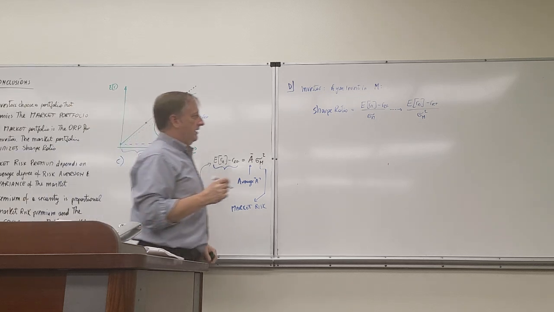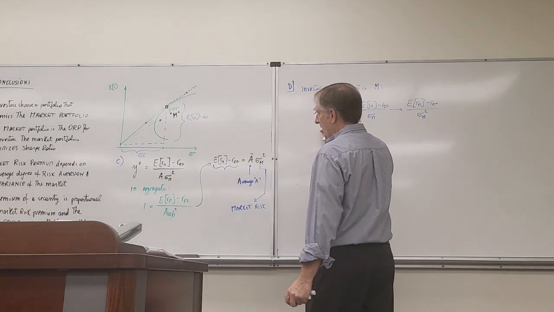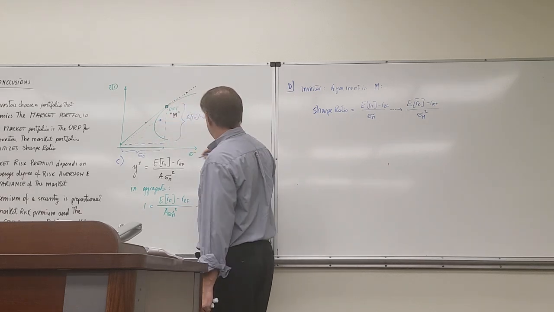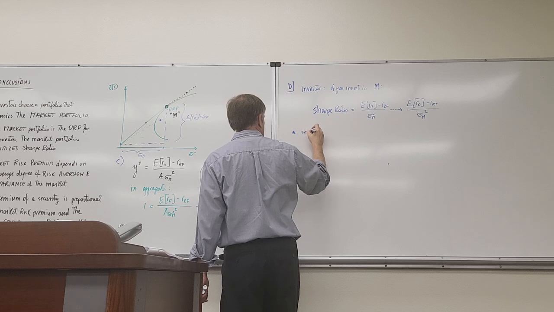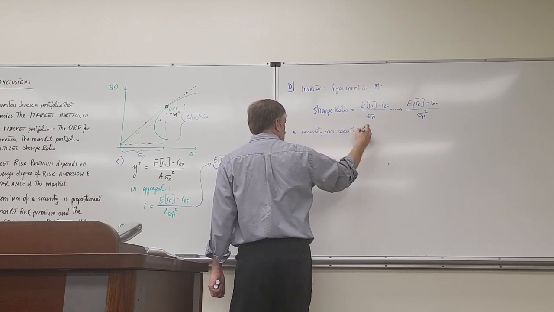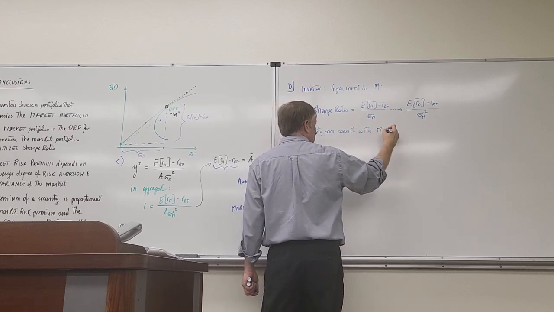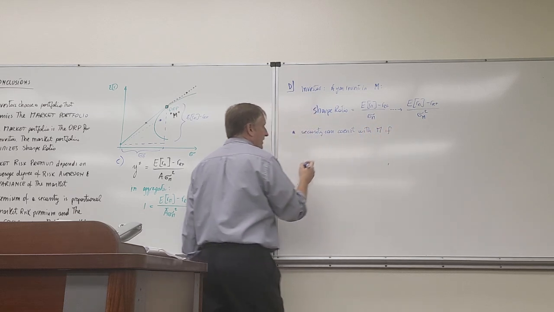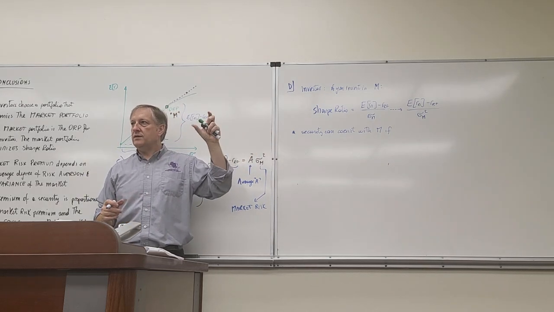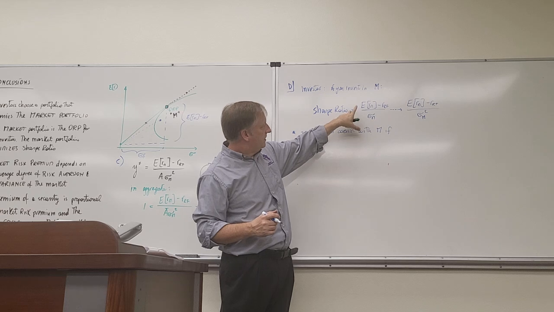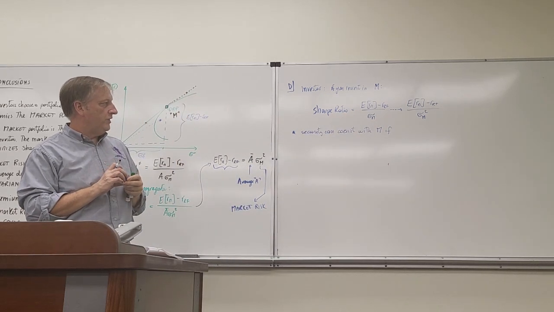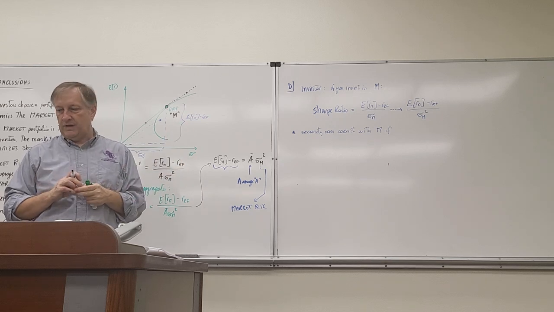So ultimately, the security can coexist with them only if its reward risk ratio is consistent with this. But the way we measure the risk is not by standard deviation, but by the covariance.